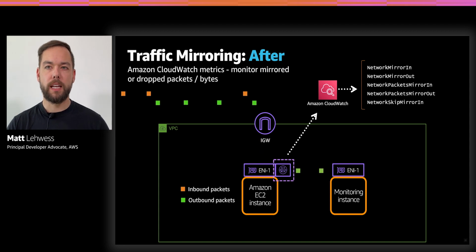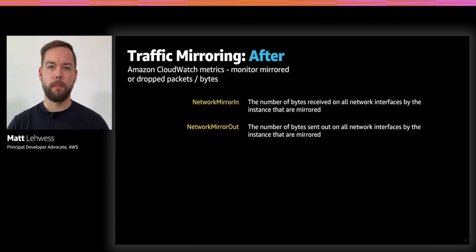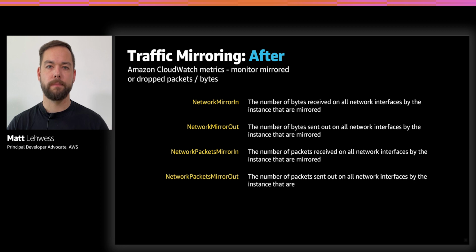We have things like network mirror in, network mirror out, packets in and out, and then also skip mirror in, which I'll talk about. These new CloudWatch metrics for traffic mirroring allow you to see the number of bytes sent and received for a network interface that's being mirrored, and the packets in and out for a network interface.